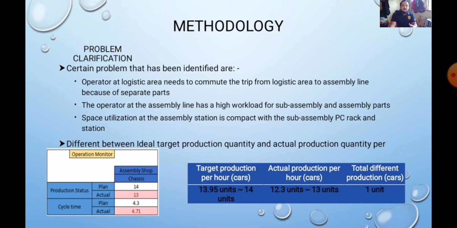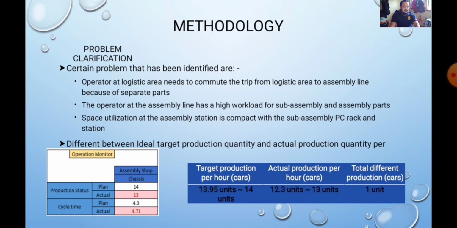This change allows the separation of assembly and sub-assembly processes' individual cycle times. Amongst the steps taken are problem clarification, root cause analysis, countermeasure implementation, and data analysis.